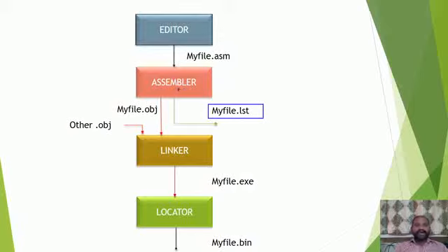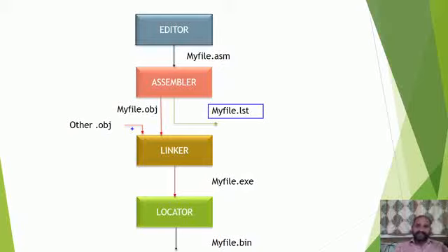Now, as I said in the last class, the assembler creates the .lst file as well as the object file, and the linker links the different types of object files. One object file is our own program, and another object file is there because this program may depend on some other factors.